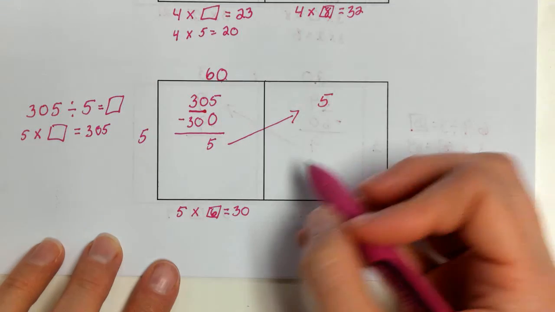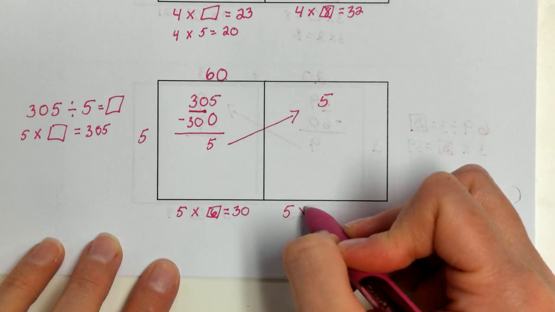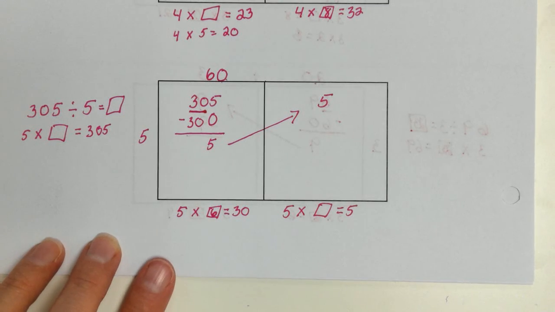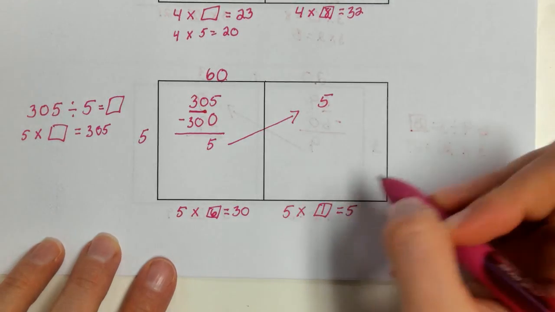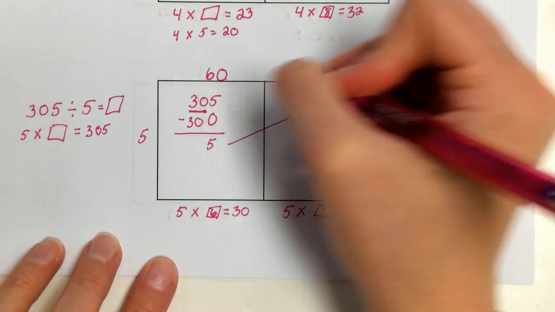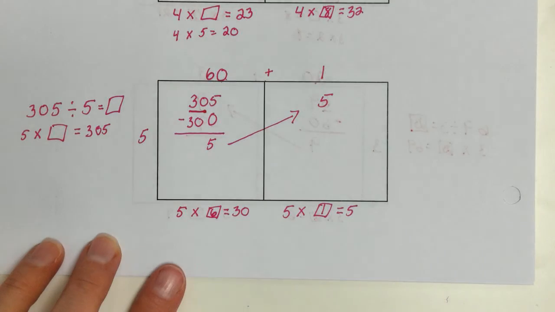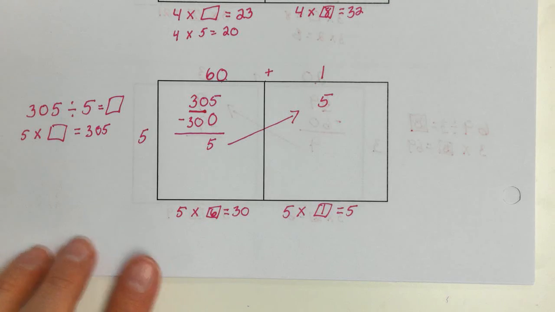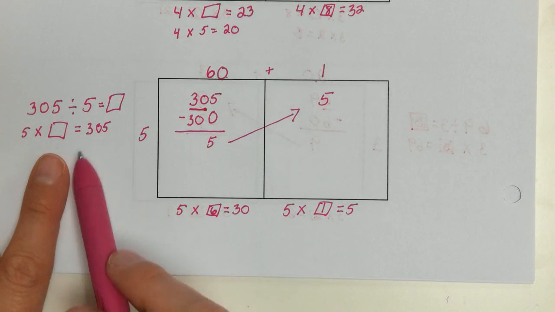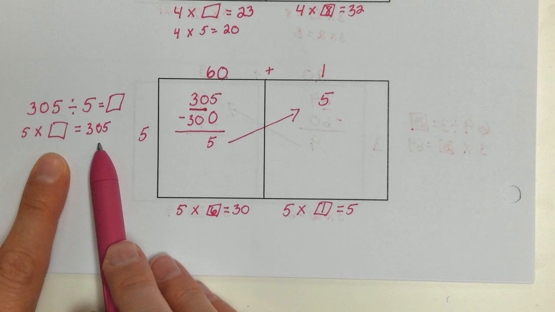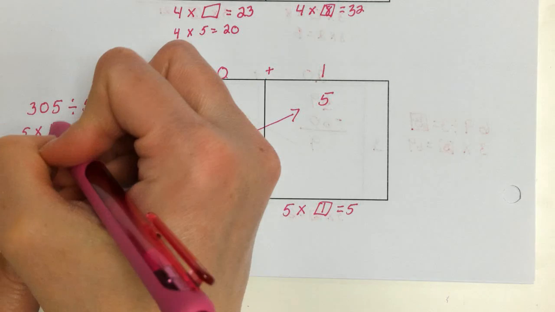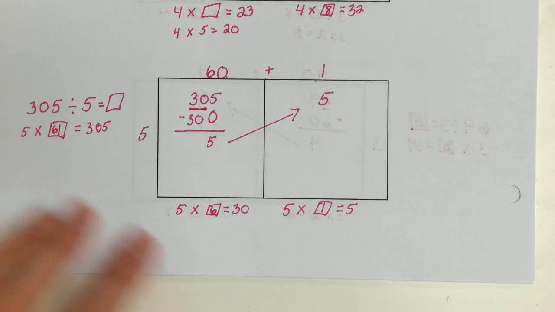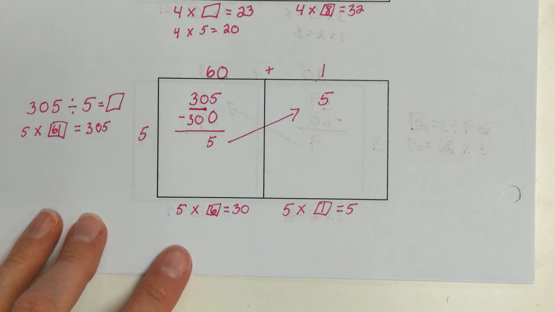All right, and so there I have the 5, and I have to think 5 times a mystery number equals 5. Oh, look at that. 5 times 1. I need to write my 1 at the top. My plus sign. All right. So, 5 times what number will give me 305? 61. So, 305 divided by 5 equals? 61.